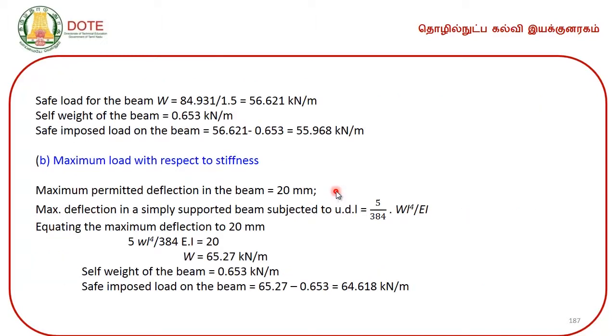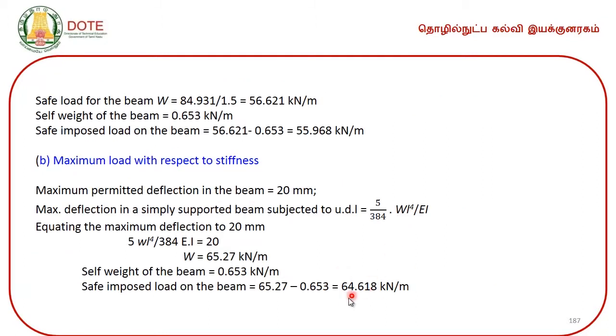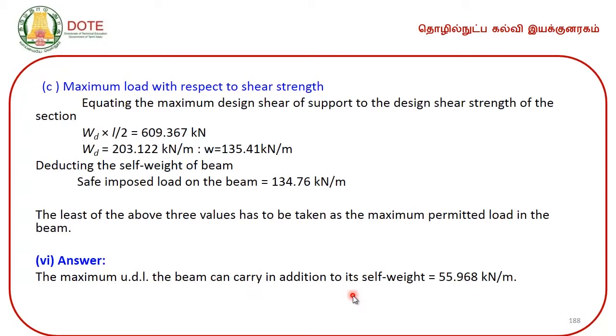First criterion, from the bending moment consideration, the safe imposed load is found to be 55.968 kilonewton per meter, and second condition, with respect to the stiffness, it is found to be 64.618 kilonewton per meter, and the third one is shear strength, it is found to be 134.76 kilonewton per meter, and the least of the above three values is to be taken as the maximum permitted load on the beam.